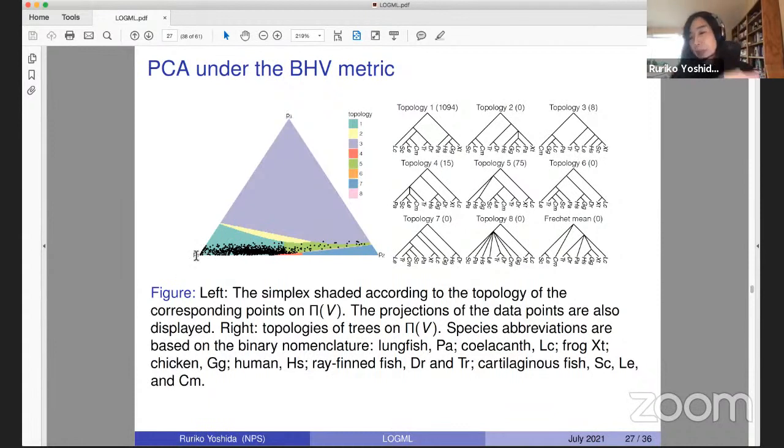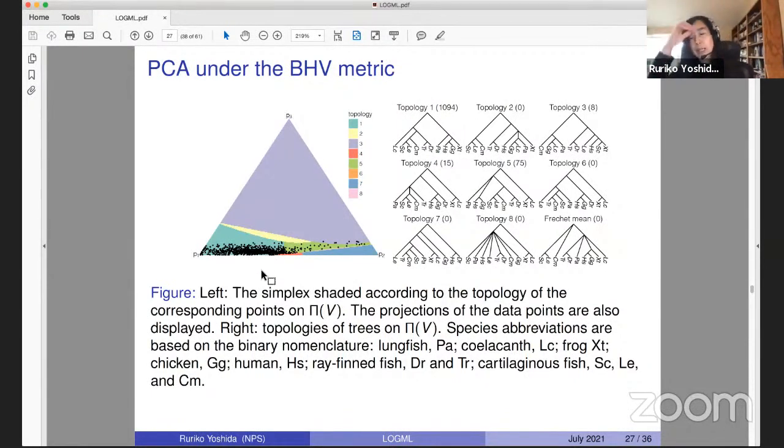This is also a PCA over the tree space. You see all points are here. But the bad thing about this metric is that all data points are kind of in the corner, somehow artificially clustered in a corner. So that's one thing. And this is the tree topologies.